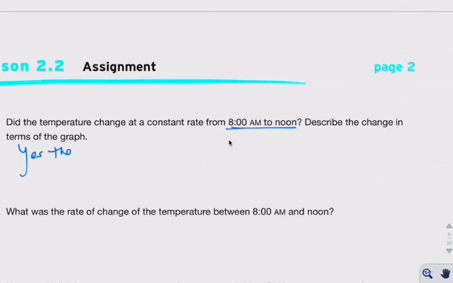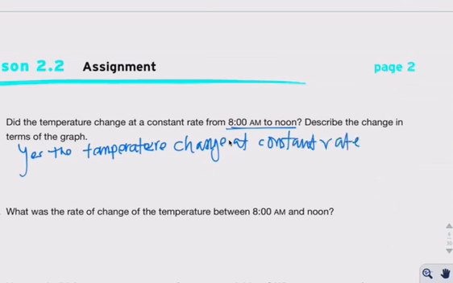The temperature changed at a constant rate between 8 a.m. and noon.